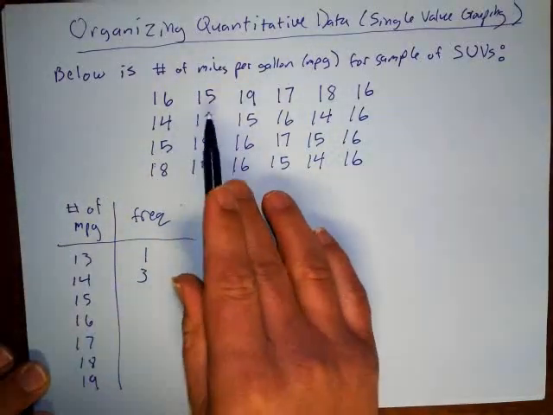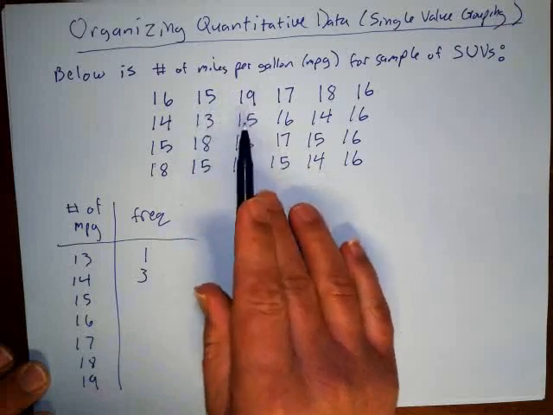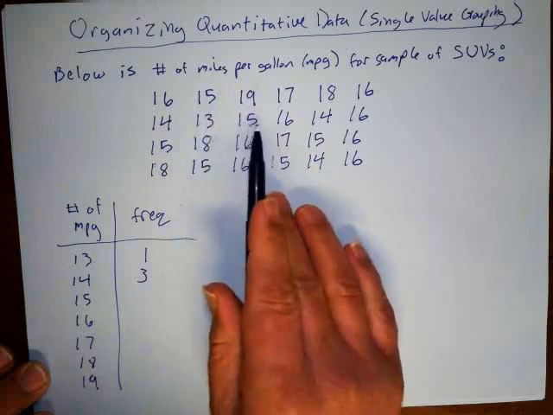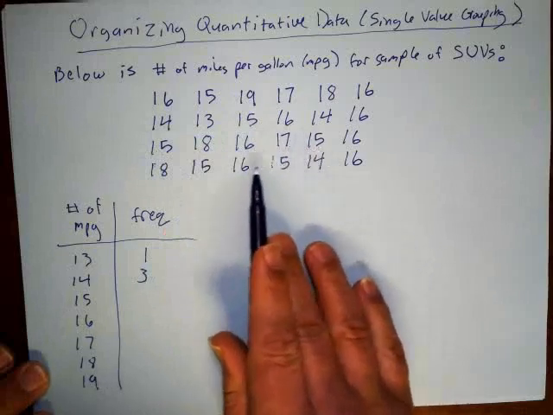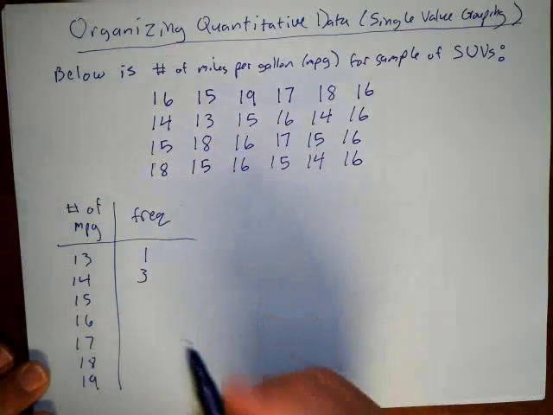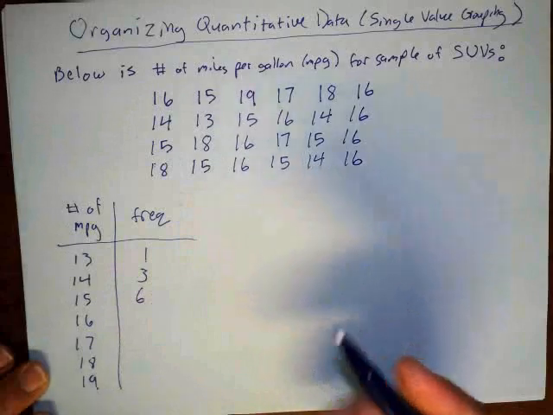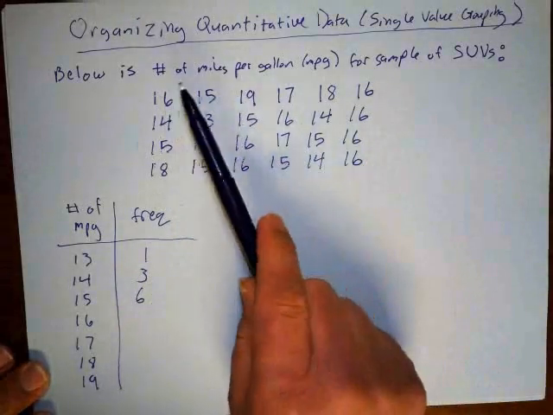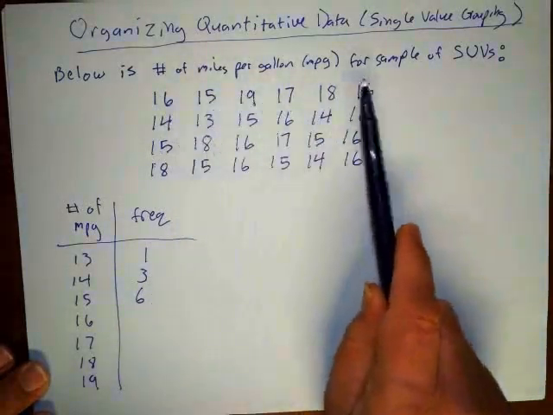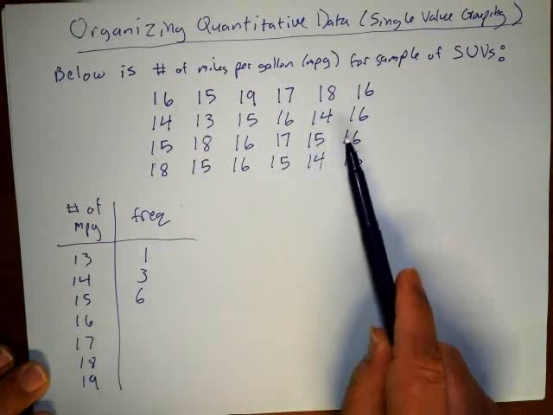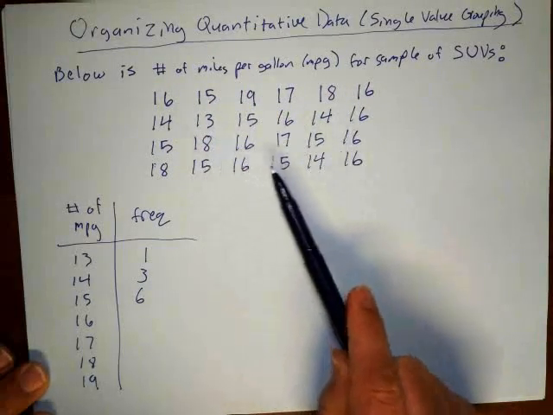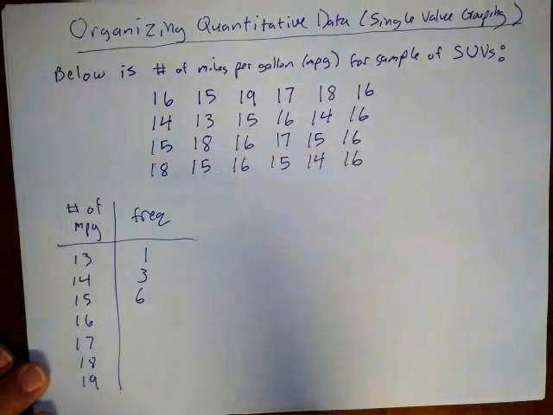For 15, I got 1, 2, 3, 4, 5, 6. Now 16, I have 1, 2, 3, 4, 5, 6, 7.